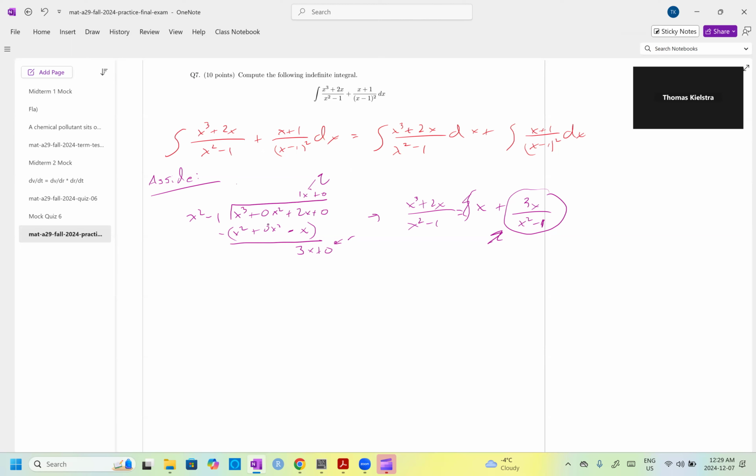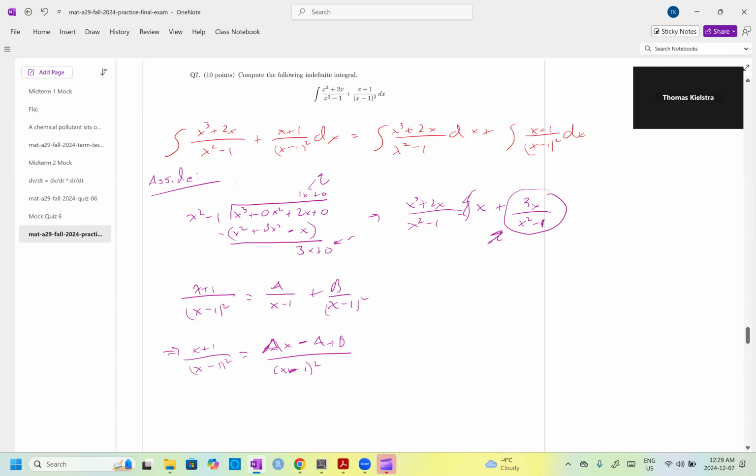Our second integral, we do need to break up. We have x plus 1 over x minus 1 squared. And this equals a over x minus 1 plus b over x minus 1 squared, which implies that x plus 1 over x minus 1 squared equals ax minus a plus b over x minus 1 squared.